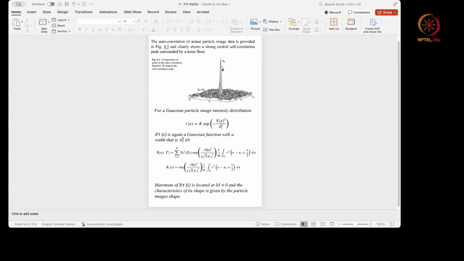This is how the autocorrelation function actually looks. Here everything is taken to be Gaussian, because the Airy function is also taken to be Gaussian, and then you have the Gaussian function with a width of root 2 d_tau, not delta tau.